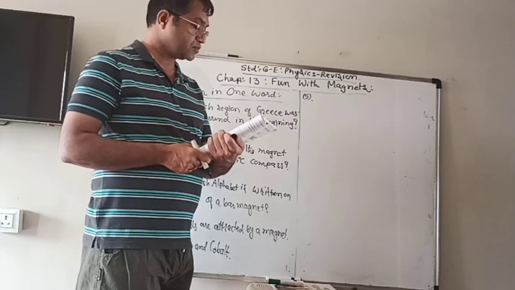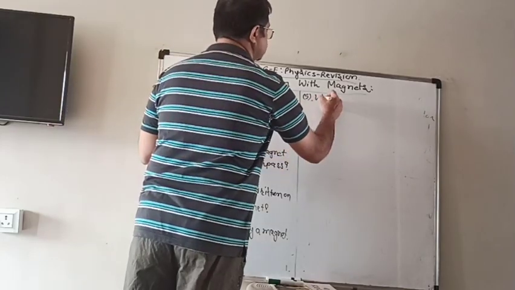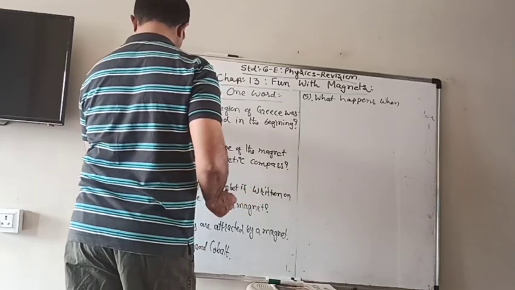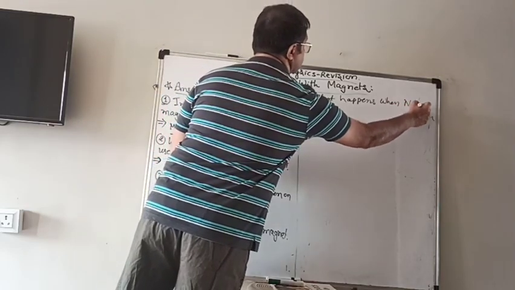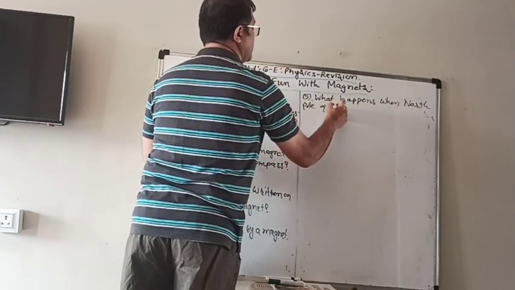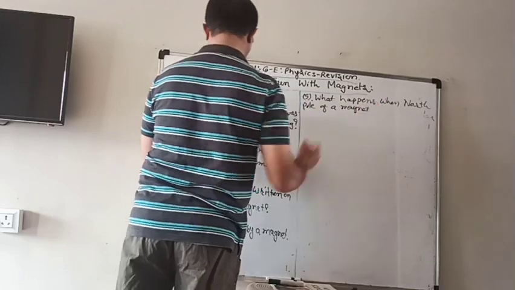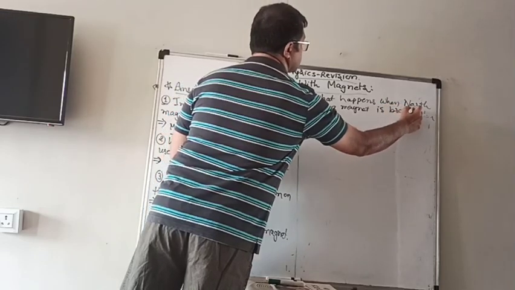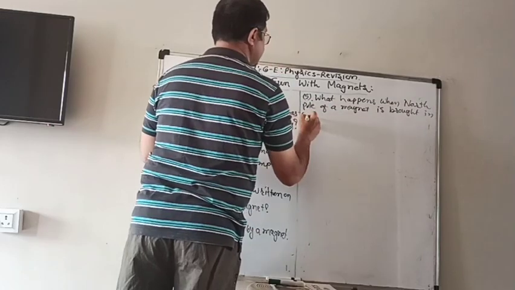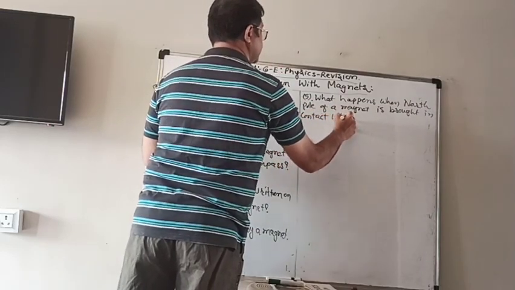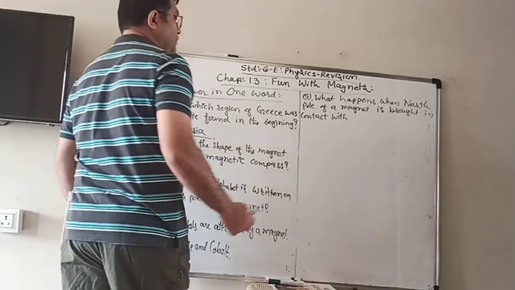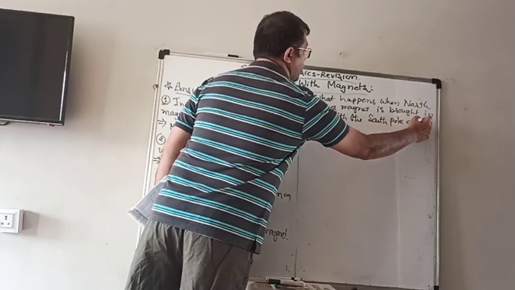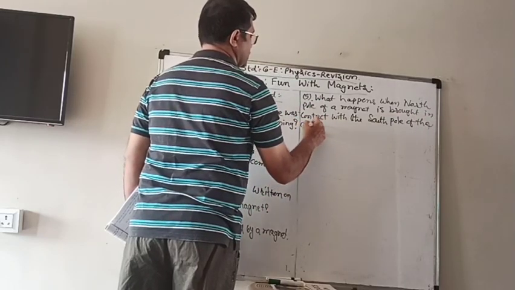Fifth one. What happens when the north pole of a magnet is brought in contact with the south pole of the other magnet?